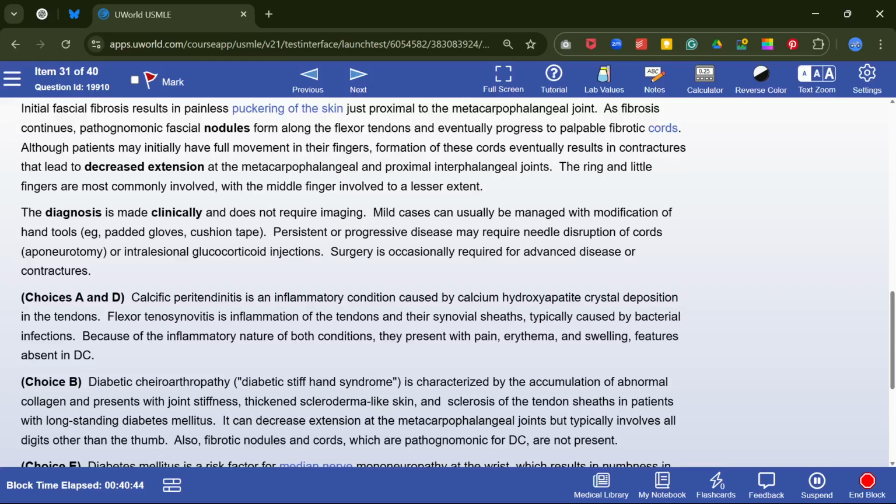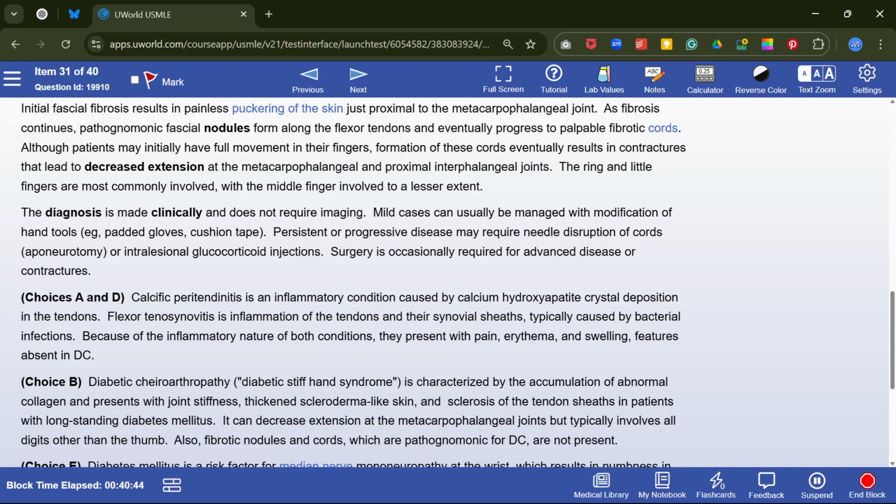Calcific peritendinitis is an inflammatory condition caused by calcium hydroxyapatite crystal deposition in the tendon. Flexor tenosynovitis is inflammation of the tendons and their synovial sheaths, typically caused by bacterial infection.